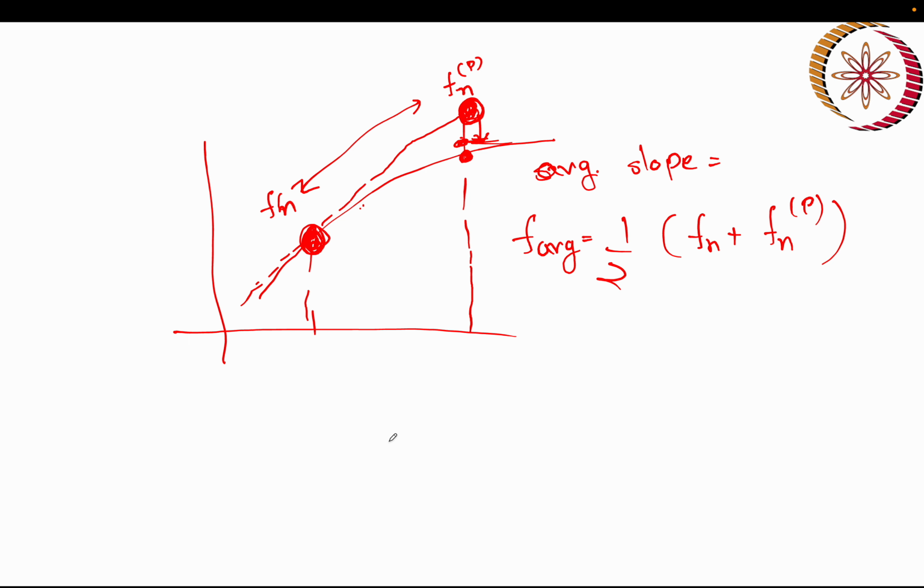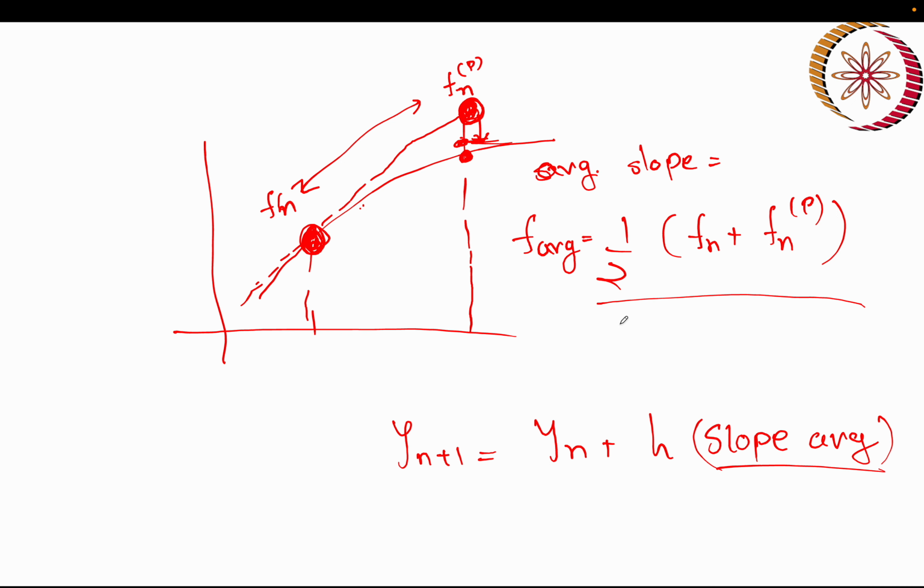If we use this average slope, then yn plus 1 is equal to yn plus h into slope average, and this slope average is nothing but this one. So that's how this method gets a better approximation.